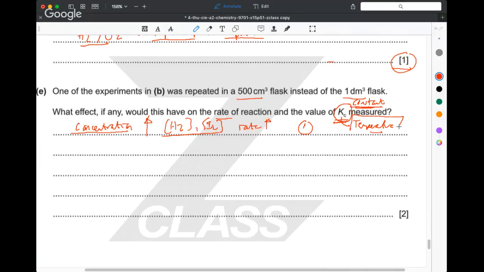Only temperature will change the value of an equilibrium constant. So the effect on the rate of reaction was that the rate went up, but the effect on Kc was no change. Because we've changed the concentration, that affects the rate, but it doesn't affect the equilibrium constant. So you had to get both of those for your 2 marks there.